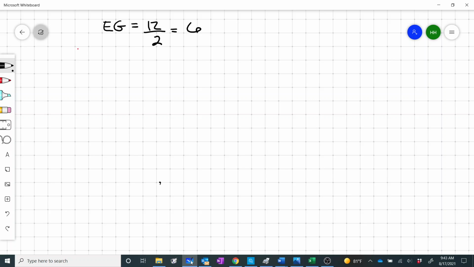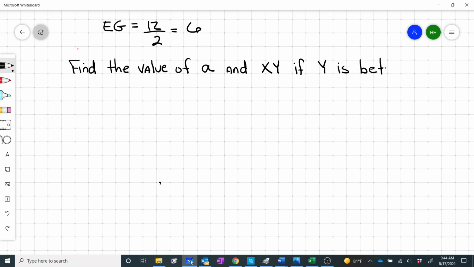And your description is going to say, find the value of A and XY if Y is between X and Z. XY equals 3A.